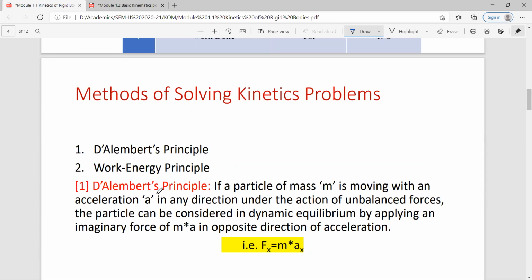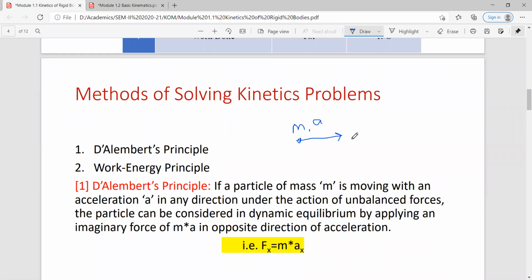So what is D'Alembert's principle? Suppose there is one mass. Mass could be anything. It could be your car, bike, any object which is moving, and say it is having acceleration in this particular direction.